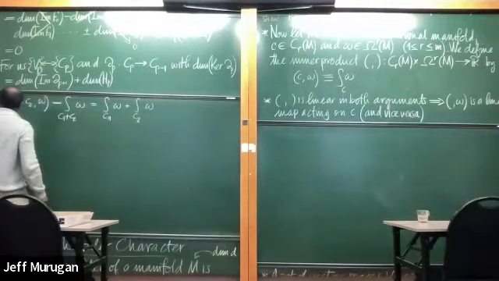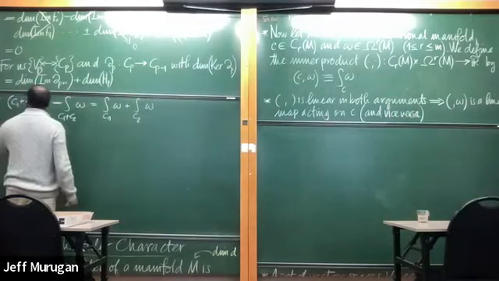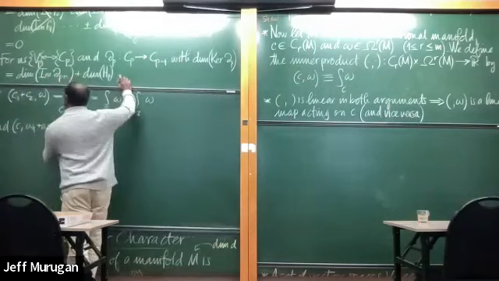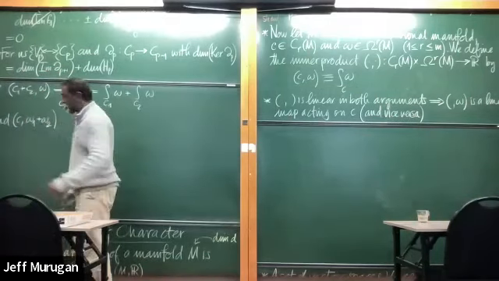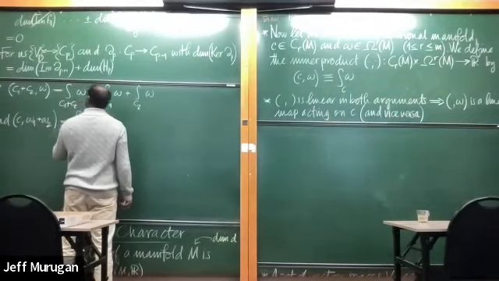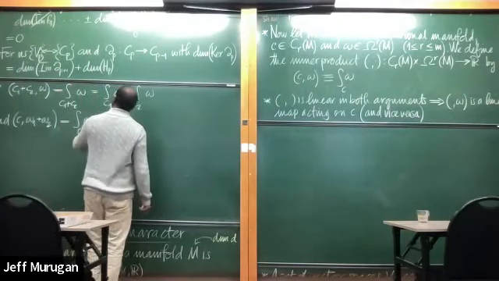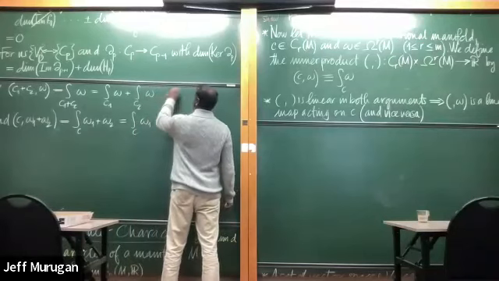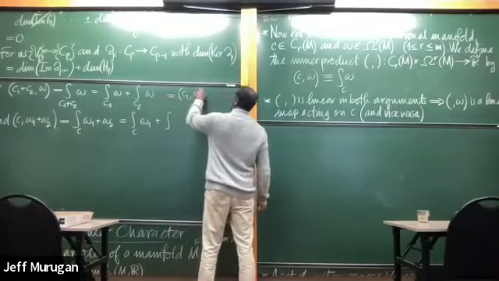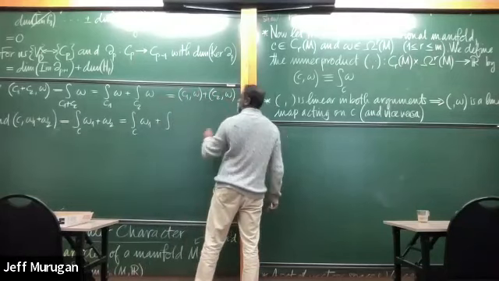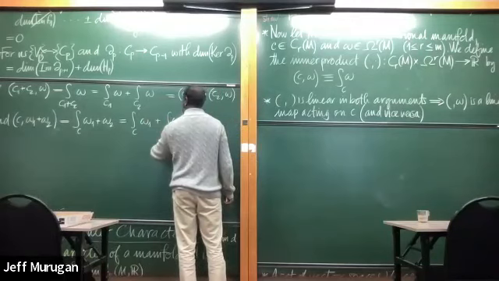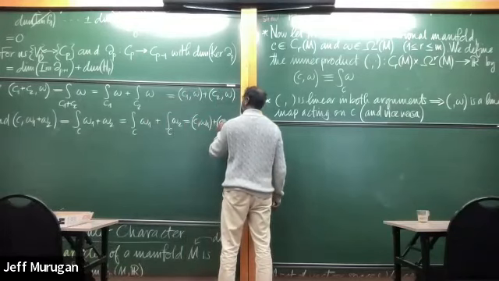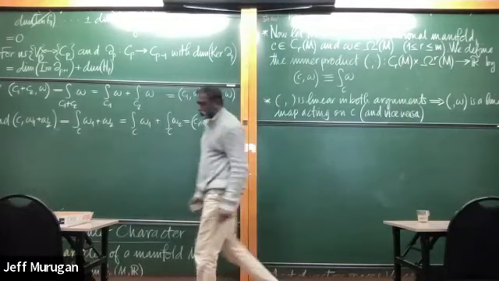And similarly, if I take C and find the inner product with omega 1 plus omega 2, where these are two R forms, then this is the integral over C of omega 1 plus omega 2, is the integral over C of omega 1 plus the integral of omega 2 over C, which is C omega 1 plus C omega 2.